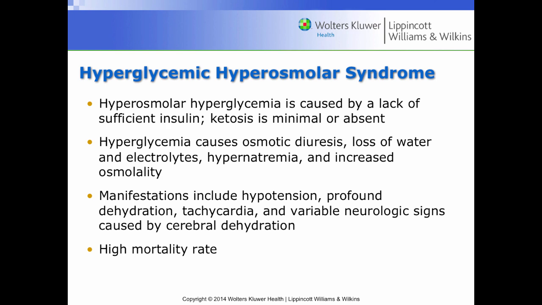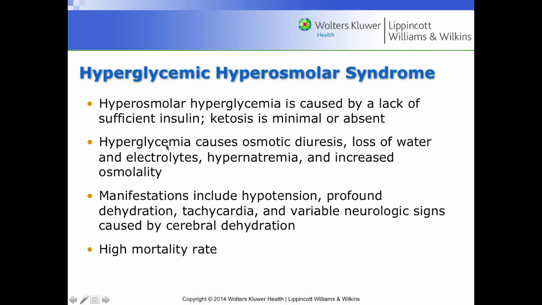All right, so the type 2 diabetics, they don't get ketoacidosis because they usually have endogenous insulin high enough to maintain their fat stores. But what type 2 diabetics can get is this hyperglycemic hyperosmolar syndrome. Okay? With this syndrome, hyperglycemia can be very, very high. Okay?